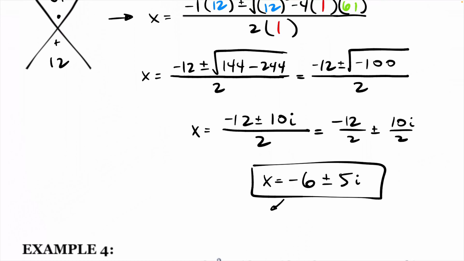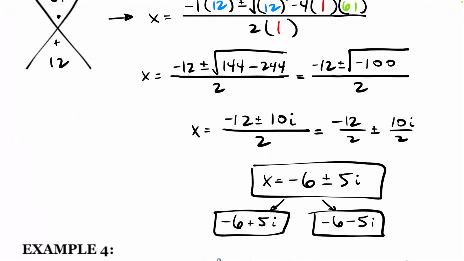One of them is plus and one of them is minus. That's what it means, plus or minus. So you can add them, we can subtract them.